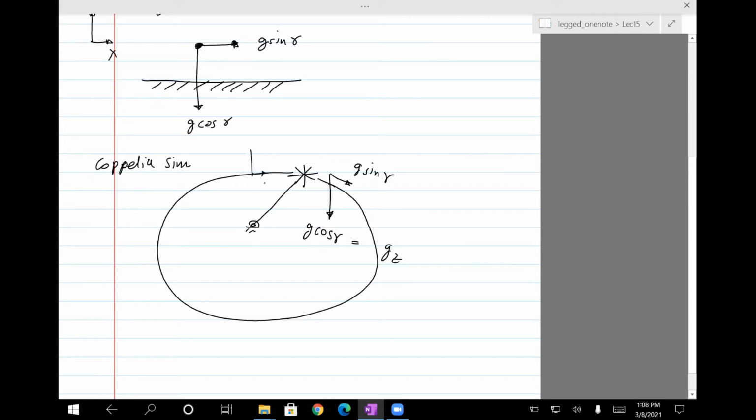So if initially x was like this and y was like this, now x is still in the same direction and y is still this way. Here g sine gamma is pointing towards the x direction, but there g sine gamma will be pointing along the negative y direction, and that will keep happening.